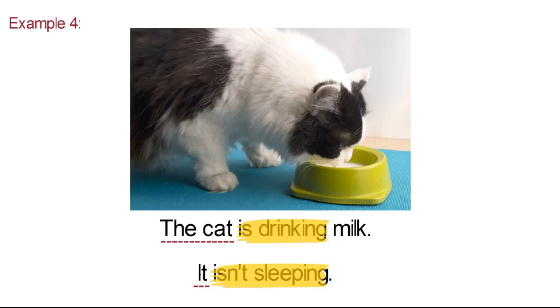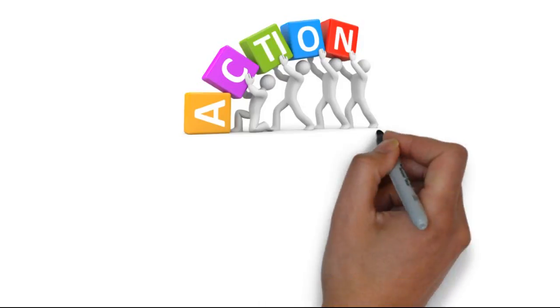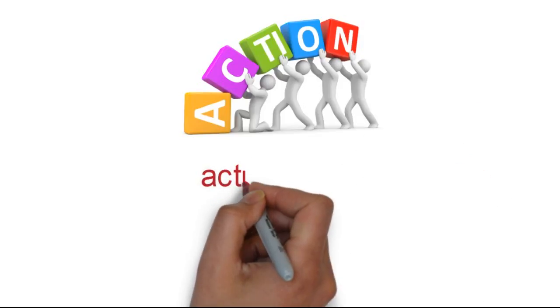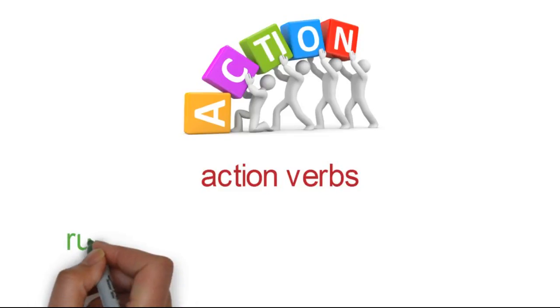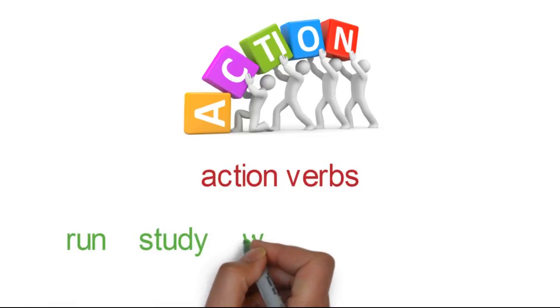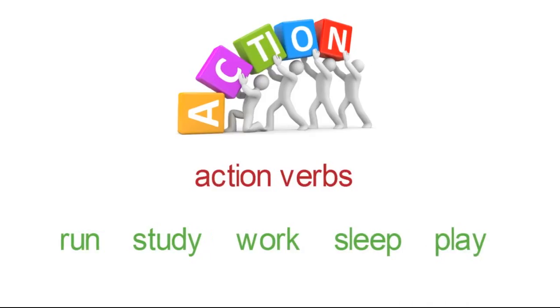Now you know what the present continuous tense is, when you can use it, and how you can form it. The present continuous tense tells us about actions that are happening now. So we can only use the present continuous tense with action verbs like run, study, work, sleep, and play.